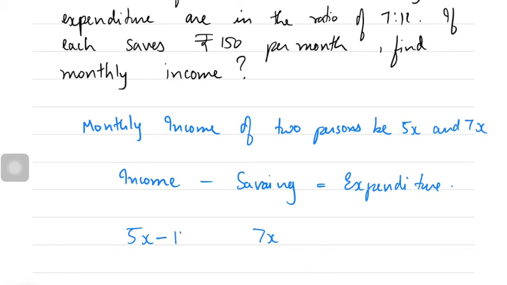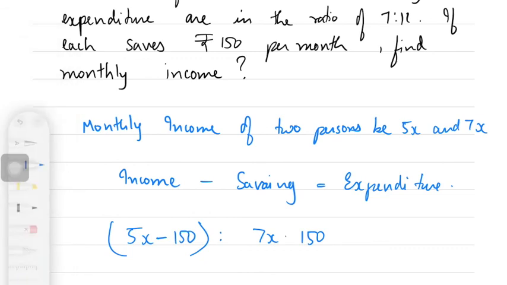The person whose income is 5x saves 150, and the person who earns 7x also saves 150.